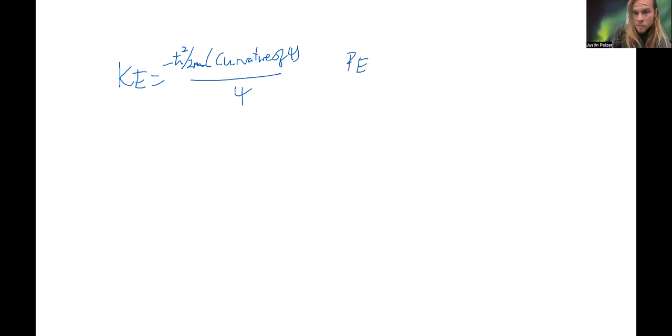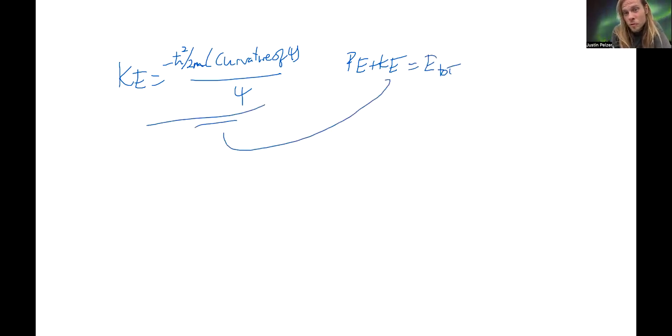is that kinetic energy is negative h bar squared over 2m times the curvature of psi divided by psi. So what you do is you plug this in to this. And the whole point is plugging this in to here turns this into the true form of Schrodinger's equation.